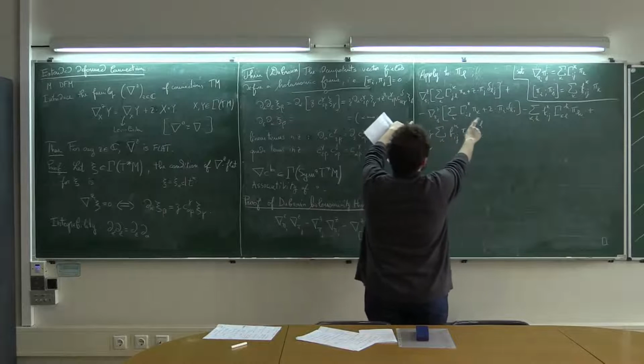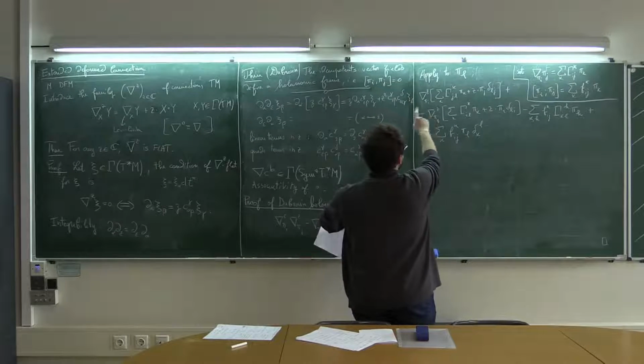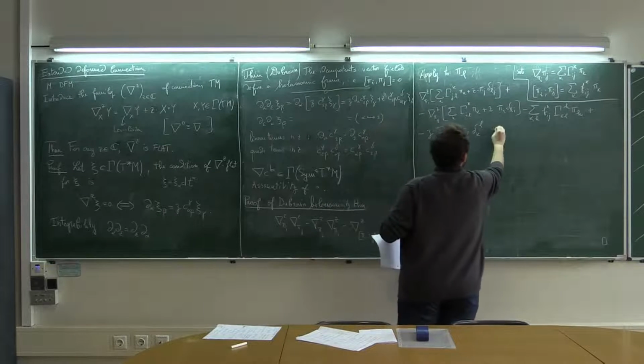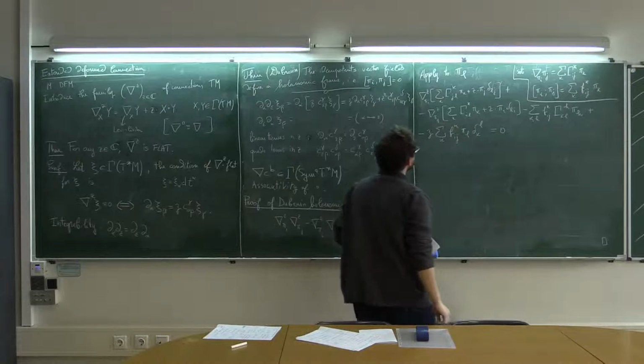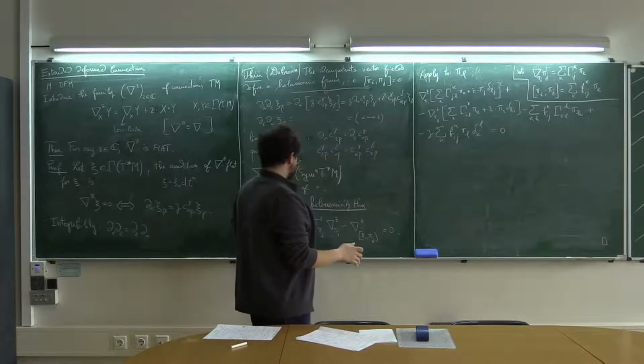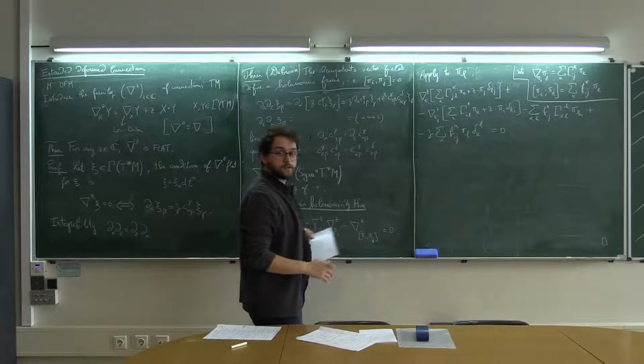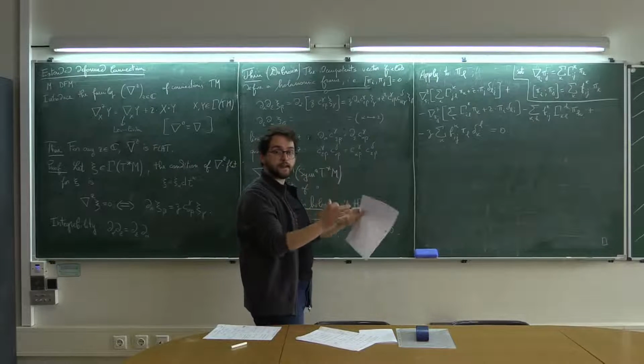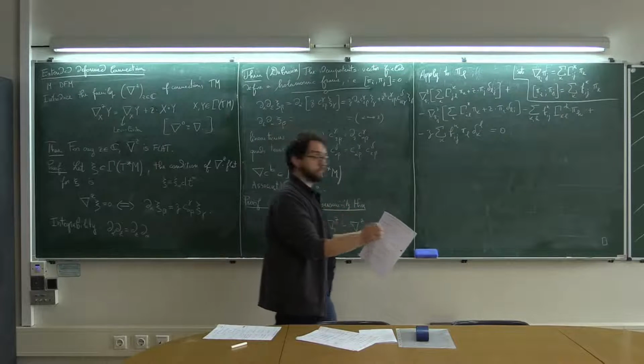So I just applied this operator to pi l, and this must be equal to 0. Again, such an identity holds true identically in z, and I can select the linear term in z.